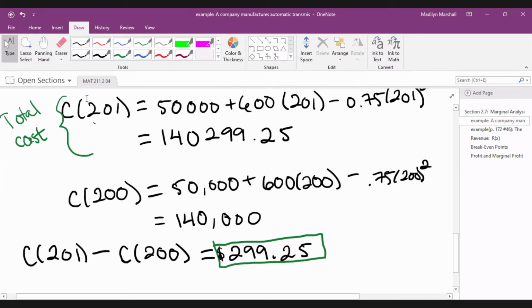It means the C of 201 was the total cost that it takes the company to produce 201 transmissions. And the 140,000 is the total cost it takes the company to produce 200 transmissions. From 140,000 to 299.25. I see. Okay, cool.